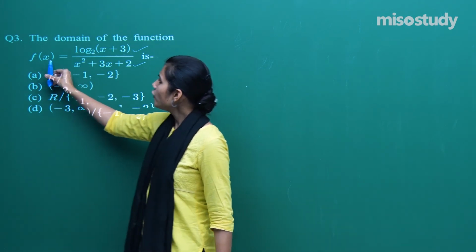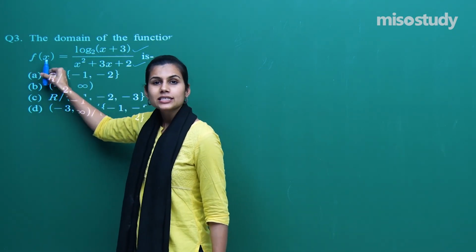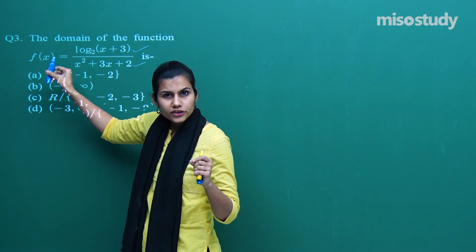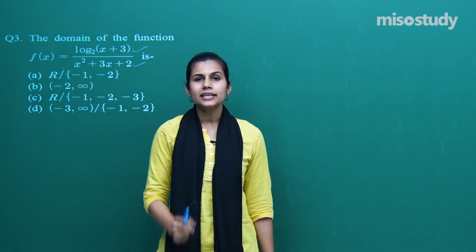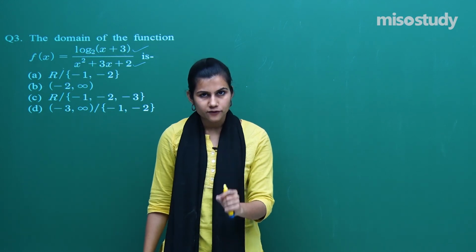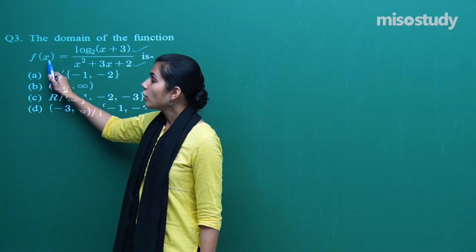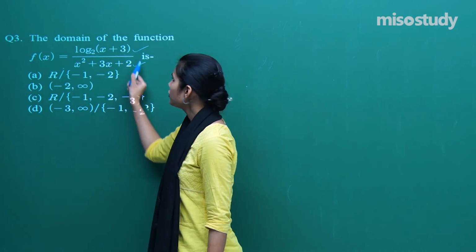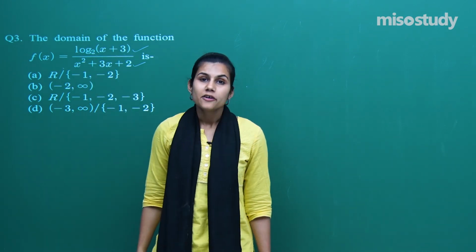That means if for a certain x, f(x) comes out to be undefined or non-real, that x will not get an entry inside the input set of f, which we call the domain of f. So basically we have to find for which x this expression turns out to be valid.